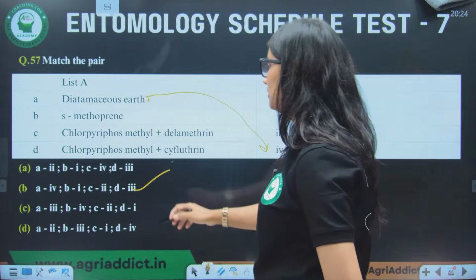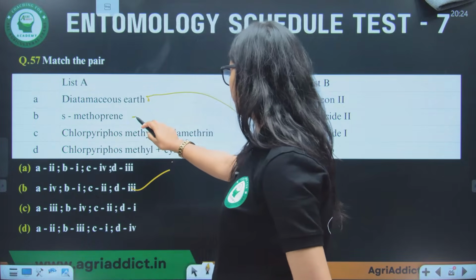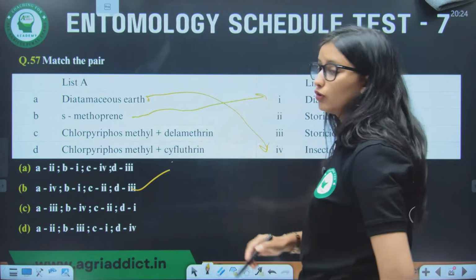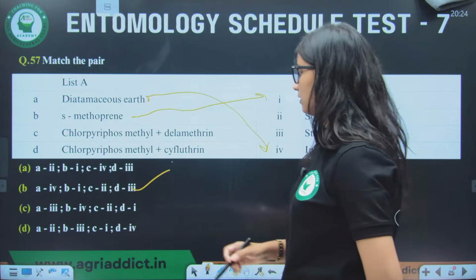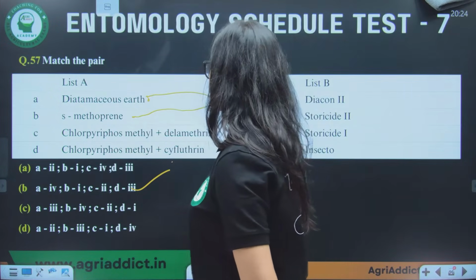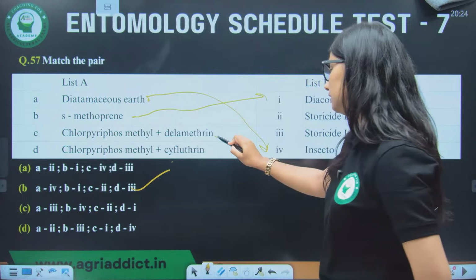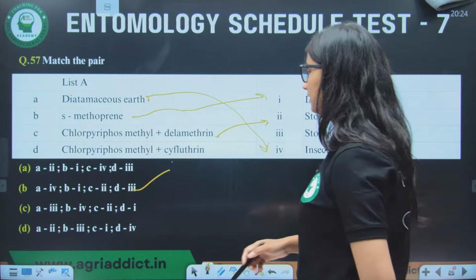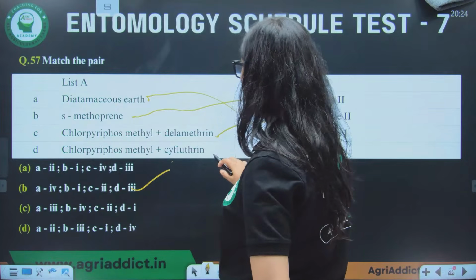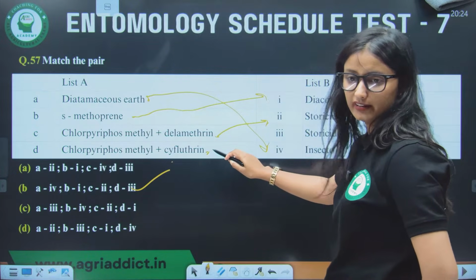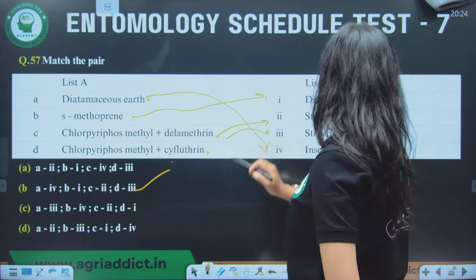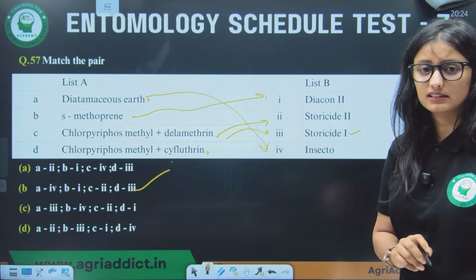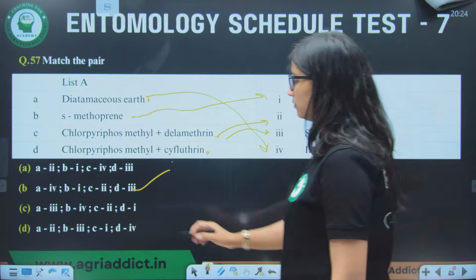Insecto. What about methoprene? Dicon 2. What about this chlorpyrifos methyl plus deltamethrin? This is Storicide 2. Next is chlorpyrifos methyl and cyfluthrin. This is also Storicide 1. Is it clear? So B is the correct answer.